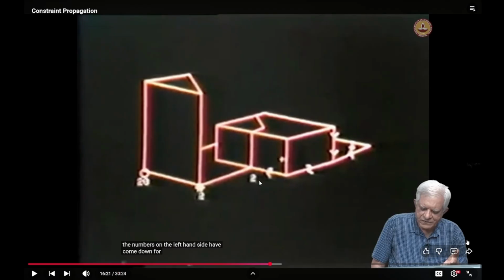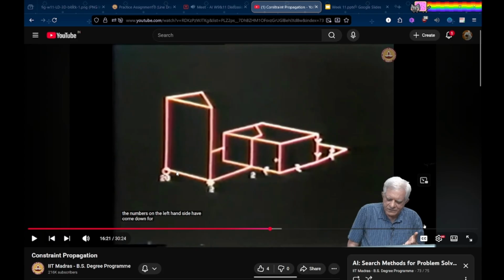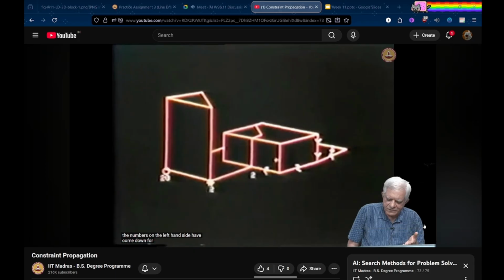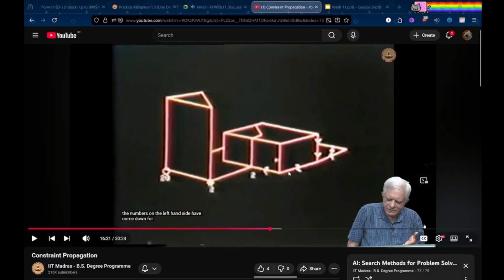So this algorithm in particular started off with these two edges because they were the ones projecting a shadow on this block here, and then it figured out some count on these two edges, and using constraint processing it decreased those counts, and once it was decreased enough it started processing them, and from there on it started inferring that this is an arrow edge, this is a convex edge, this is a concave edge, and so on.